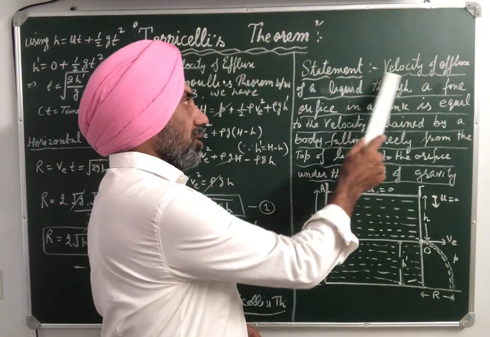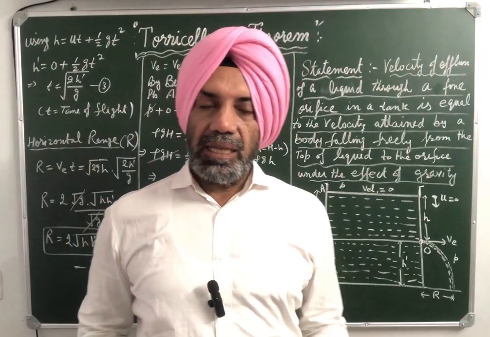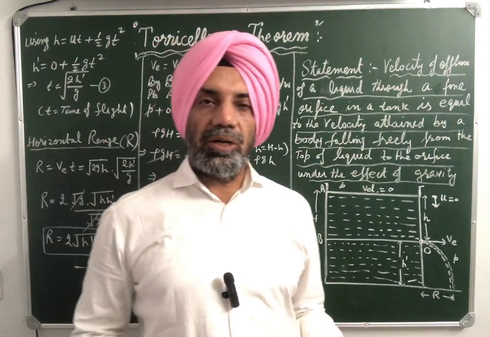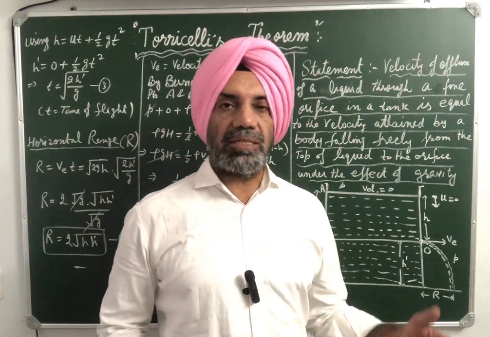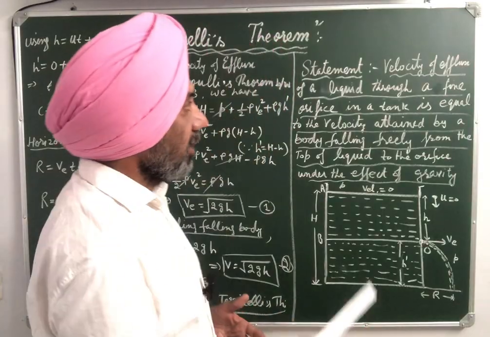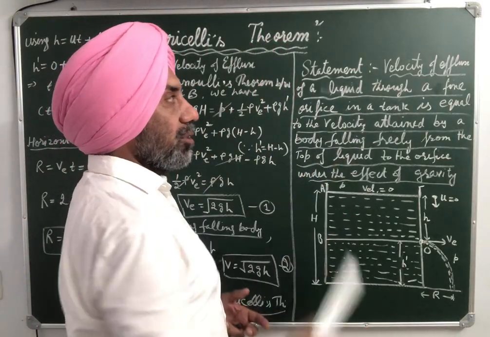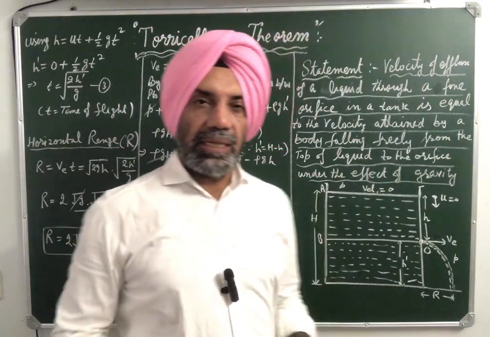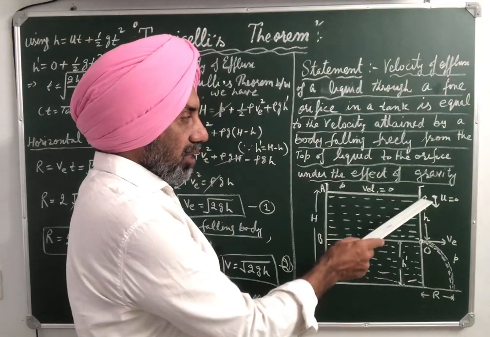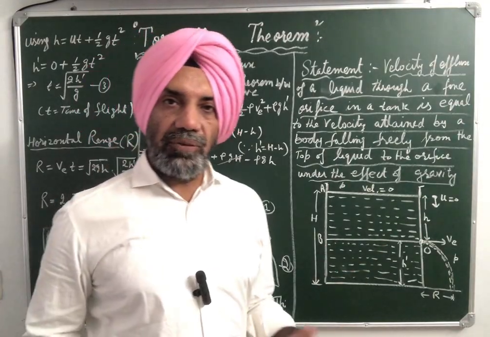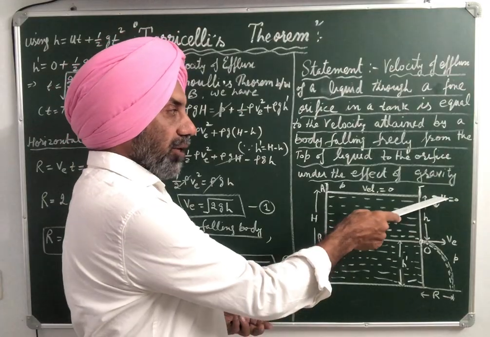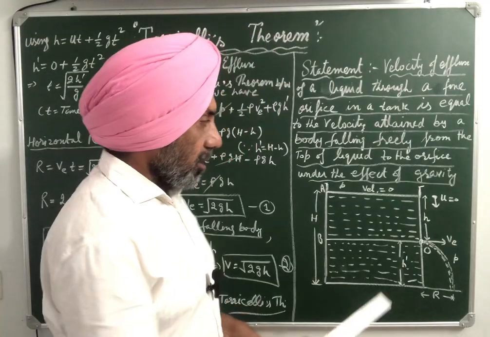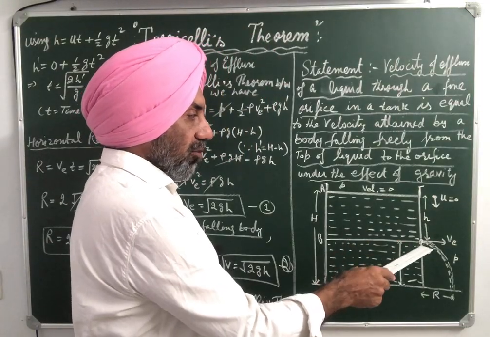Torricelli's theorem states that the velocity of efflux, that is, the velocity with which liquid or fluid comes out of an orifice in a large tank, is equal to the velocity attained by a body falling freely from the top of the liquid to the orifice, that is, through the height between the top of the liquid and the orifice.